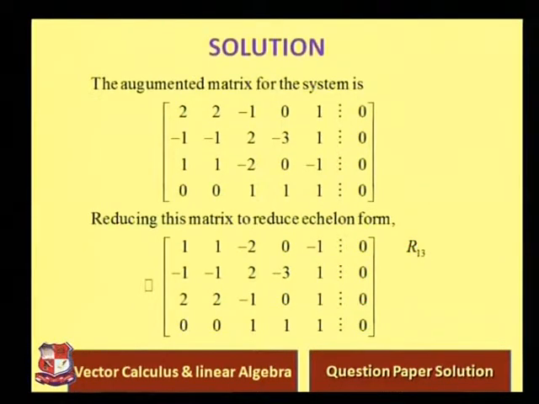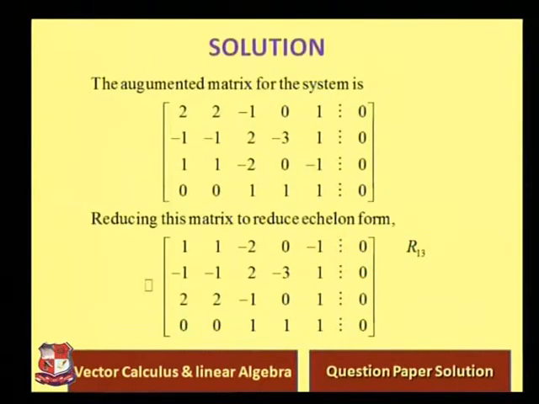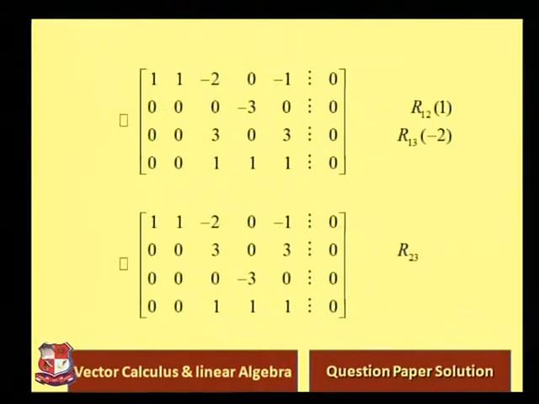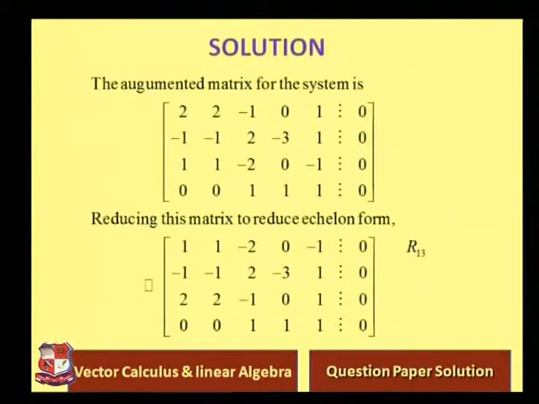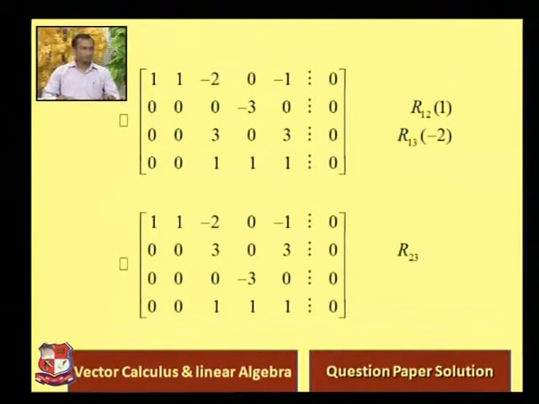Minus 1 plus 1 becomes 0. Similarly for the second column, 1 multiplied by 1 also becomes 0. Minus 2 multiplied by 1 is minus 2, plus 2, so it's 0. Then 0 into 1 is 0 plus minus 3, so it's minus 3. Minus 1 into 1 is minus 1 plus 1, so it's 0.